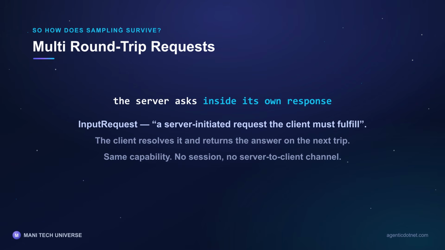The client sees it, resolves it, running the sampling call or putting the question to the user, and sends the answer back on the next round trip. Same capability, no session, and nothing that has to land on the same server process twice. It is the same move as everything else in this release. Take something the session used to hold and put it in the message instead.